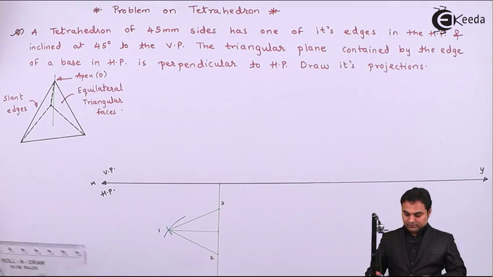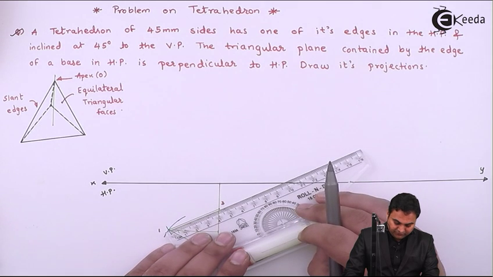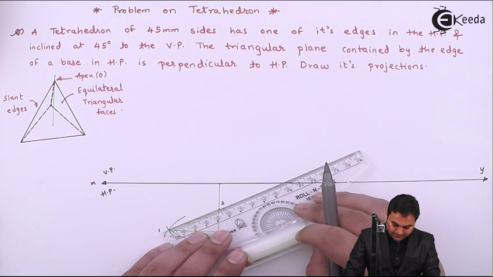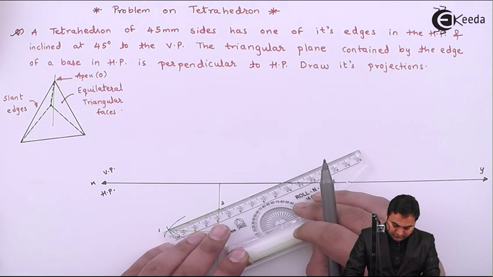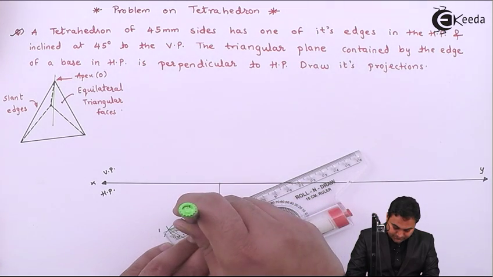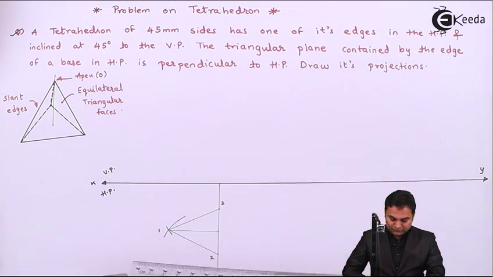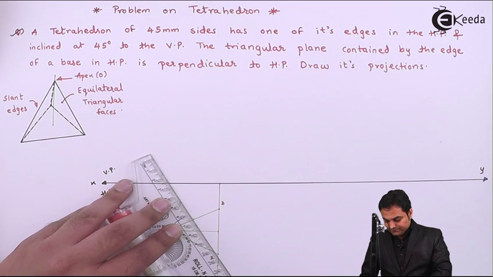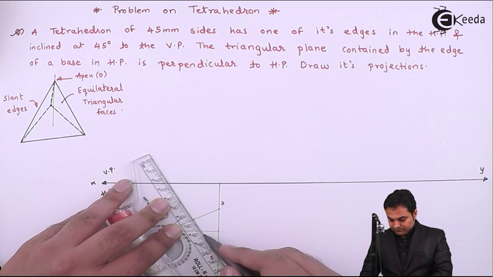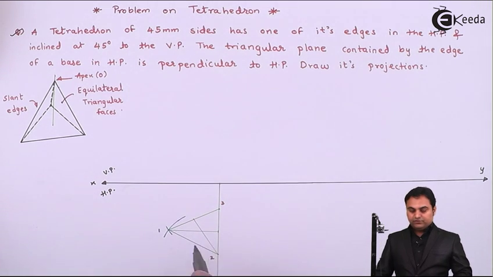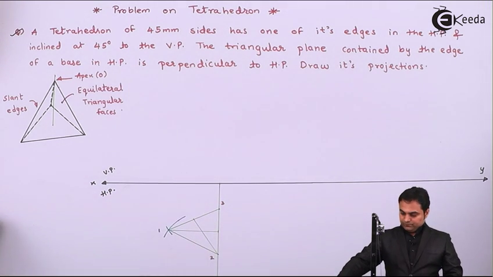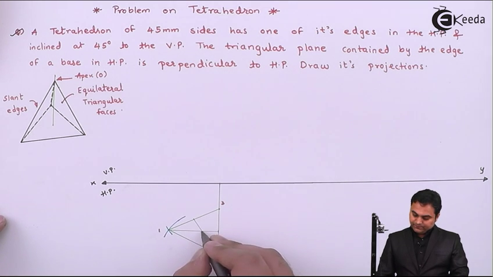Then from any one of the sides, I'll again take the midpoint of it and joining it to its opposite corner. So by the intersection of these two lines, here I'll get the apex, which is point O.